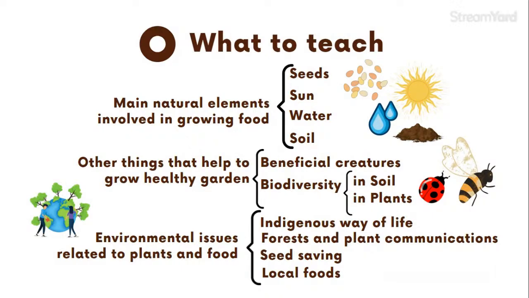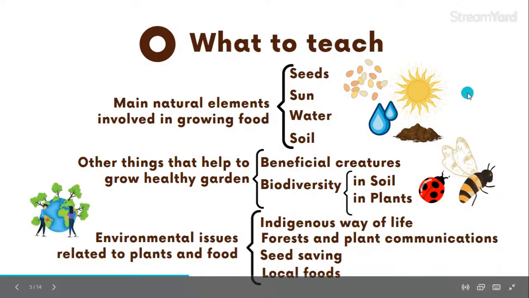So you can see how you can connect all of that to your social studies, obviously science and math and language as well, language and social studies especially. Seed saving and generally the idea of growing local foods and how it connects to the environmental issues. You can cover a lot just focusing on these topics.